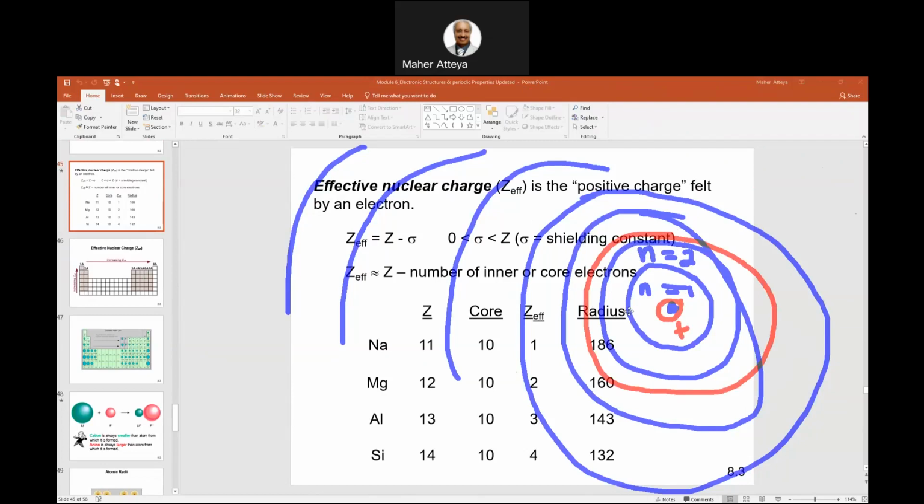Don't worry about neutrons, they have no charge. All those orbitals have electrons, negative charge. But then maybe n=3, 4, they can feel the attraction of this positive nucleus. But when you go higher, they don't feel anything.